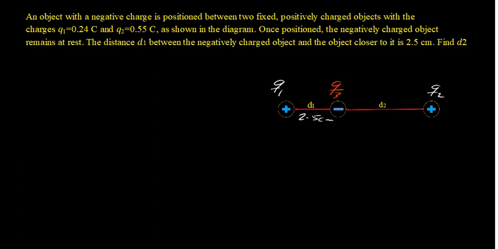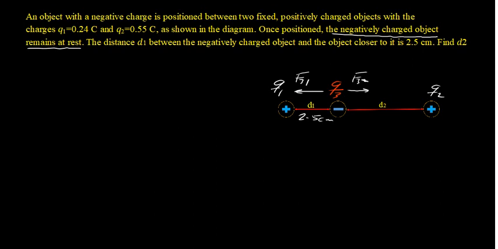Now when I mentioned that the negatively charged object remains at rest, this indicates that the net electrical force acting on Q3 will be 0, which means the force generated by charge 1 on 3 will equal the force generated by 2 on 3.